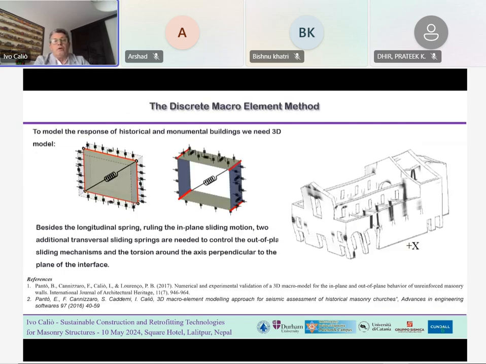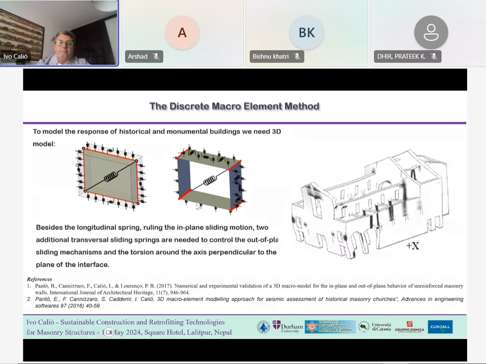As Professor Pantò already presented, in 2003 a discrete macro element was introduced, with the undergraduate thesis of Professor Pantò. The first model was introduced by considering a plane discrete macro element to model the behavior of masonry walls according to a geometrically consistent model.